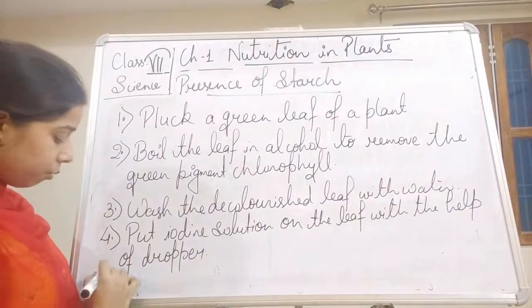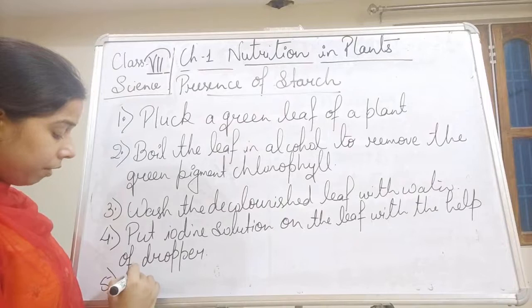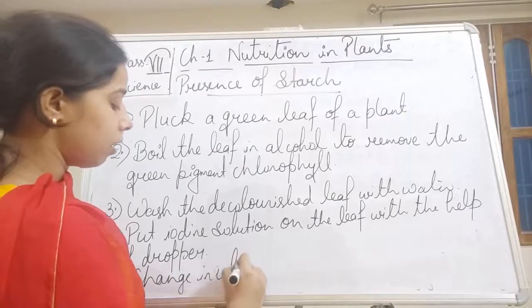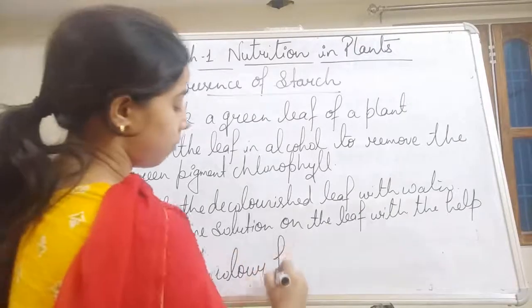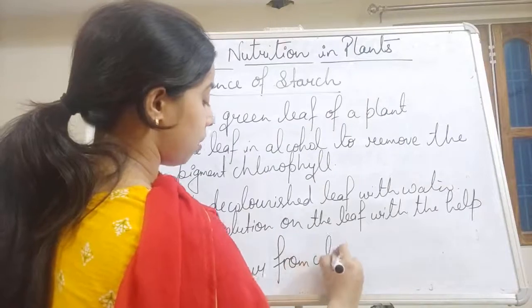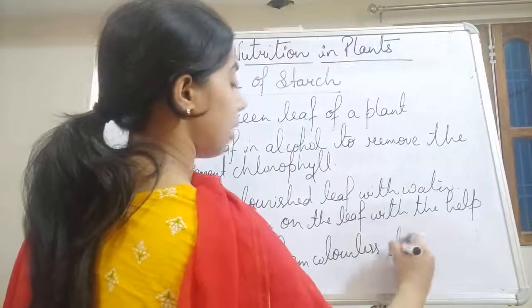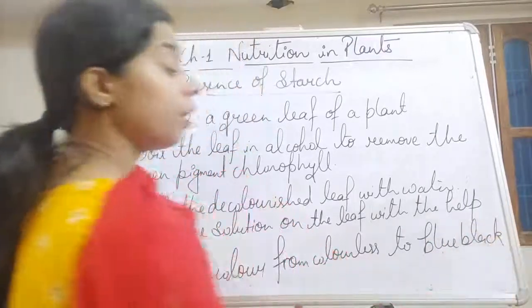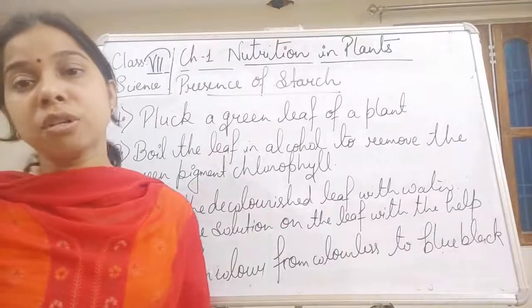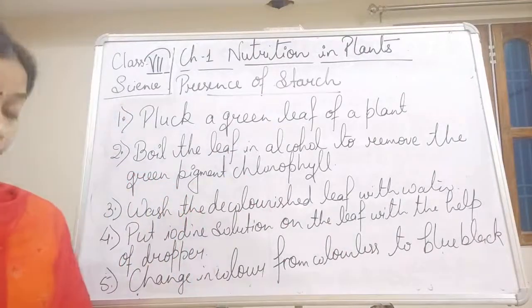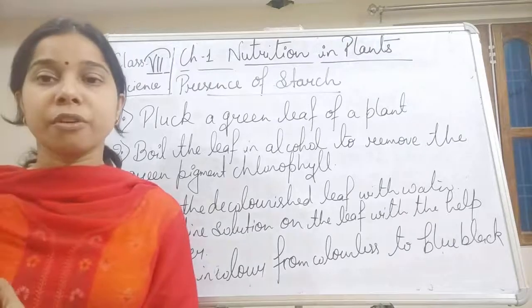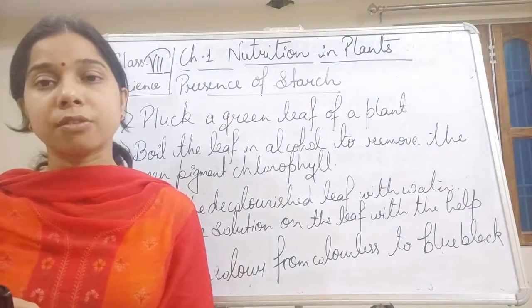And finally, students, what will we see? We will see a change in color from colorless to blue black. Okay, then we will notice that there is a change in color from colorless to blue black. So this basically happens in case of the presence of the starch, that is how we can detect the presence of the starch, student.